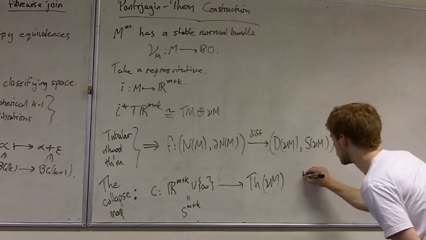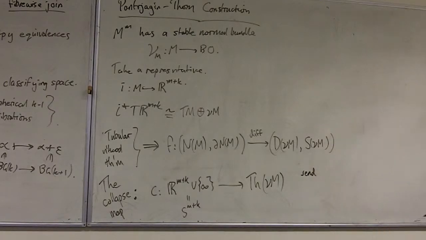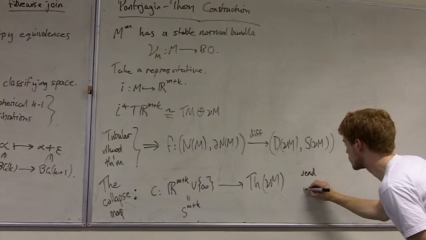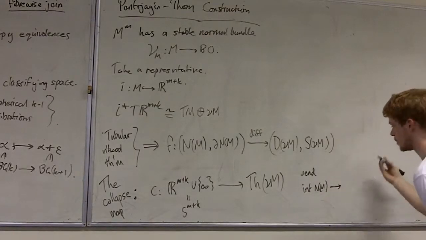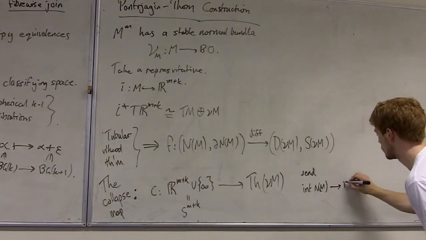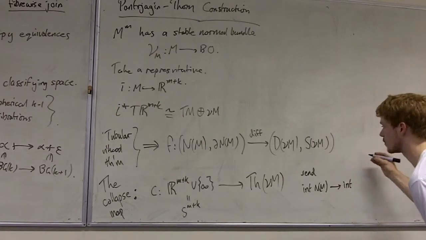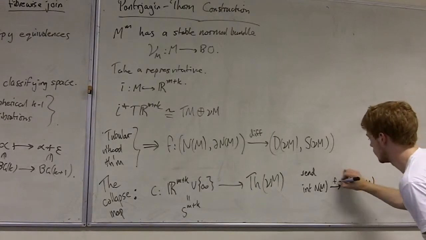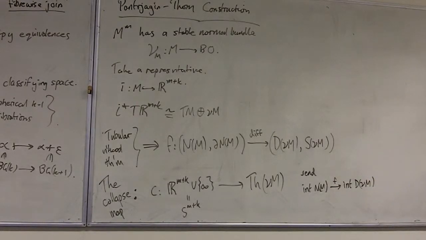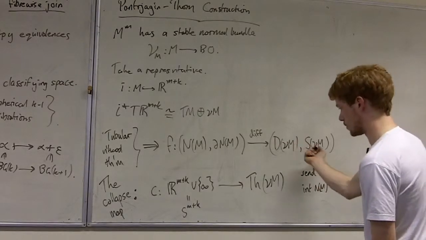So I want to send the interior of the normal neighborhood to the interior of this thing, and the boundary goes to the boundary.